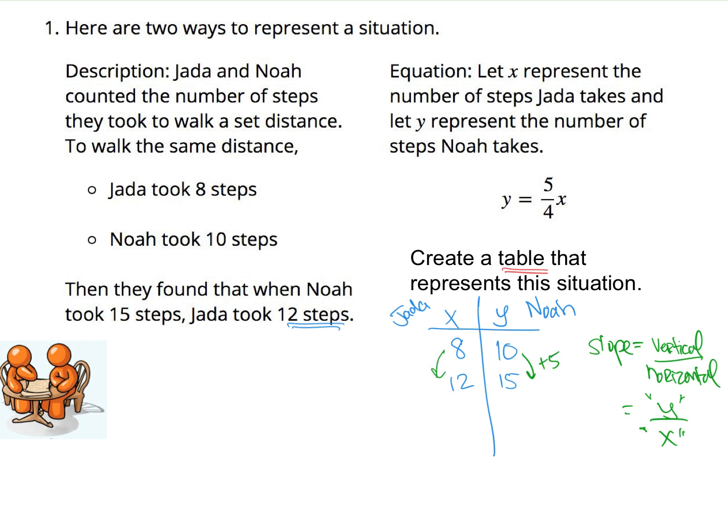And how do the x's change? Notice how this goes up by 4. So our slope is 5 over 4. Notice how this 5 over 4 is the same slope that we just found. So notice how the table and the equation go together, and we're also going to use this to graph the situation.